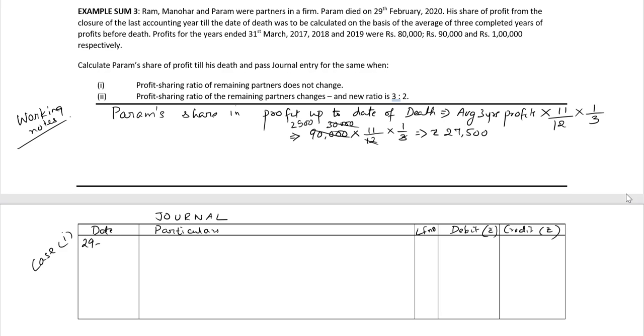Date of death of Param is 29th February 2020. Profit and loss suspense account debit to Param's capital account. Amount 27,500 rupees.